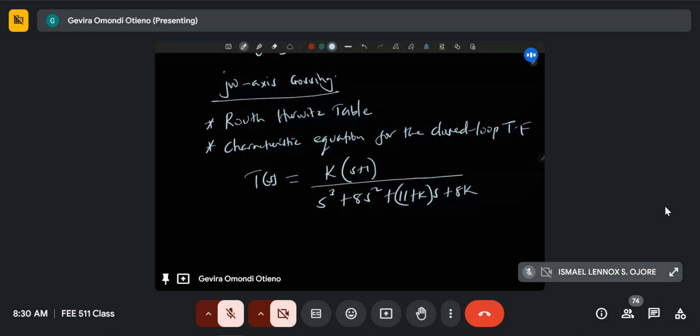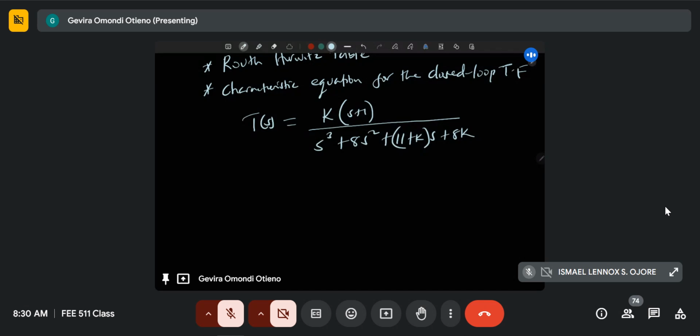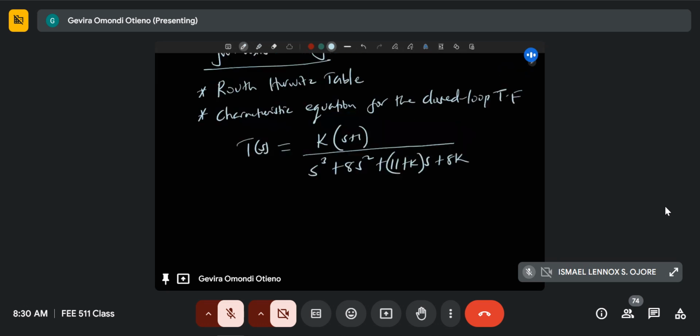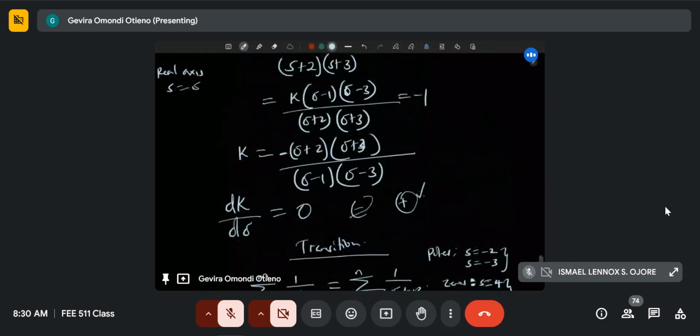Let's say you've obtained the closed loop transfer function like on your screen, but you want to, one, find the J omega axis crossing, but also two, find the gain of that system at the J omega axis crossing.